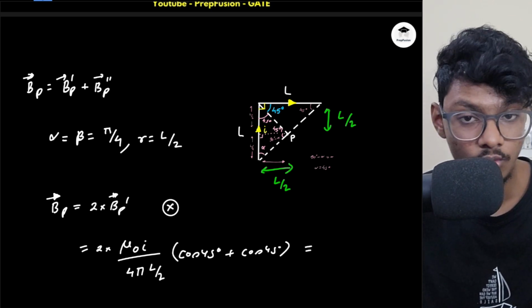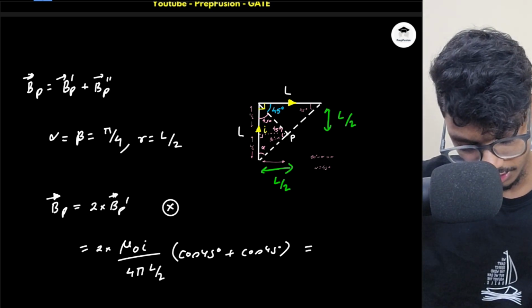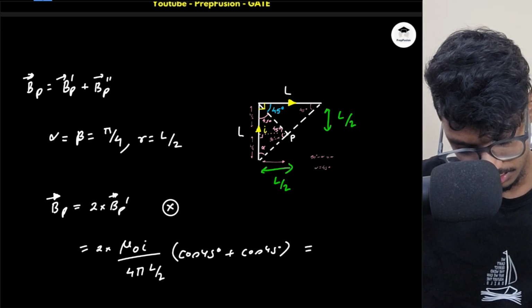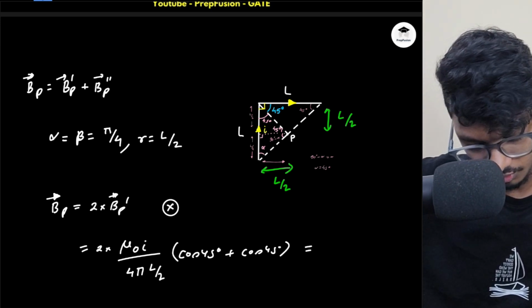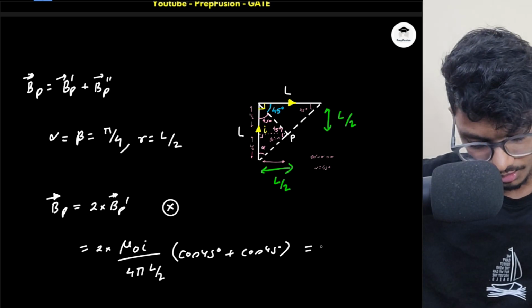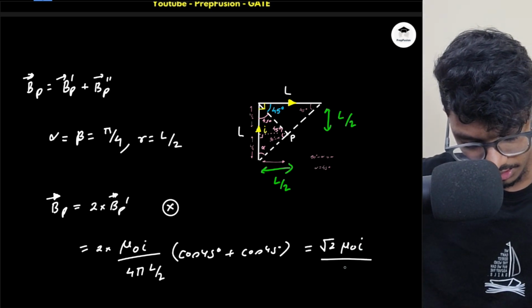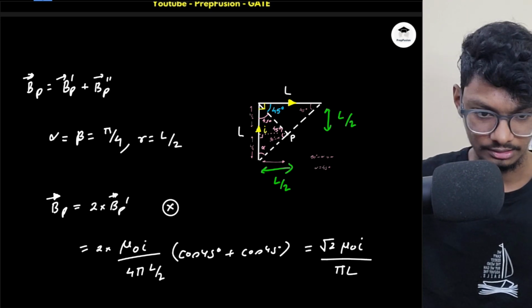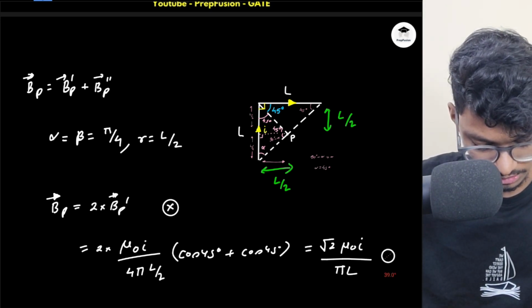So this will be 1 by root 2 plus 1 by root 2, which becomes root 2. In the bottom I will have a 2 root 2. The 2 cancels, only root 2 is at the top. So I will get root 2 mu naught I divided by pi L, and it will go into the screen.